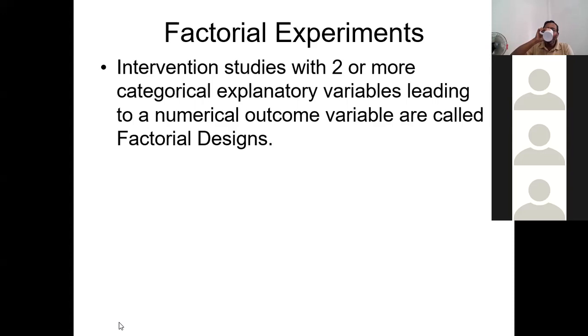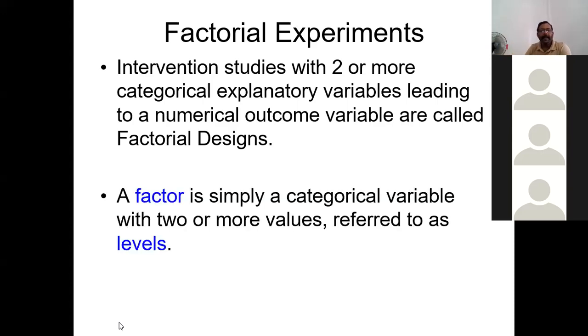Intervention studies with two or more categorical explanatory variables, which I said are the factors, leading to a numerical outcome variable, are called factorial designs. A factor is simply a categorical grouping variable with two or more values referred to as levels. This is what I have already defined as the factor and the level.